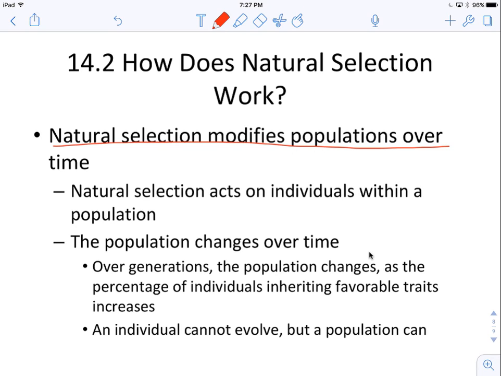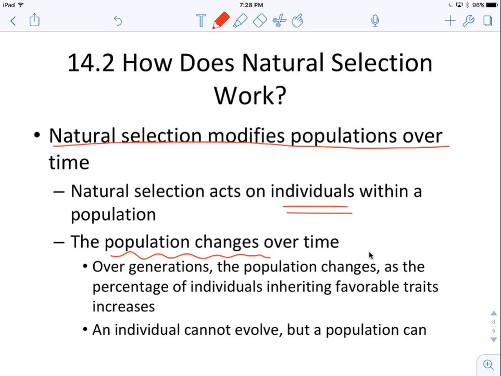Natural selection modifies population over time. Okay? And natural selection acts on individuals in a population, but individuals can't change. The population changes over time as different individuals survive long enough to reproduce and add to the population.